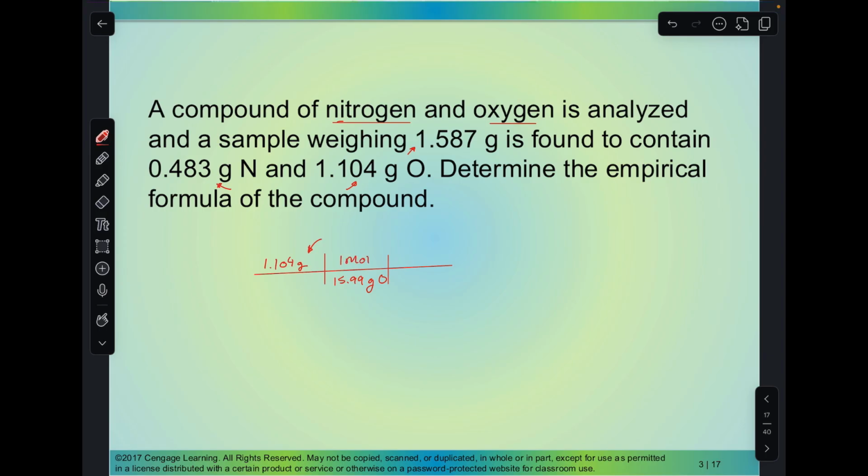And so we can now find the number of moles by doing this. We actually don't need this other section over here, so I'll just put an X through it. But that's going to be 1.104 grams divided by 15.99 grams, times moles. And we'll cancel out grams just like they're canceled out here. This is oxygen. We'll end up with just moles.